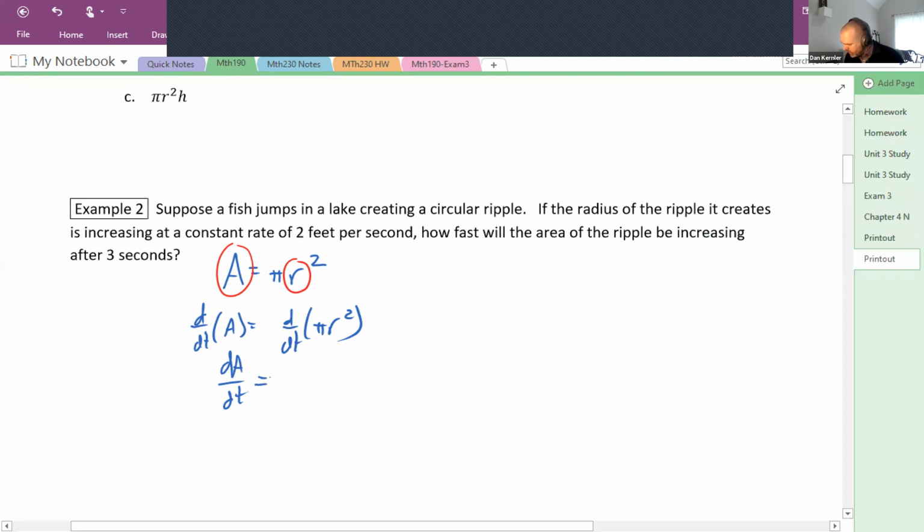And then on the right, we have 2 pi r, that's the derivative, but then r is not t, so we have to do the chain rule, dr dt. This is like when I said in the study guide for exam 3, we use the chain rule almost every time now. Does anybody have any suspicions for how we're going to answer the question?